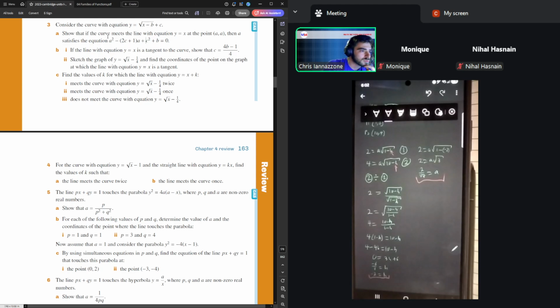We're trying to prove that if this curve, the square root curve, meets the line y equals x, so it touches it at some point, then A must be a solution to this. So in other words, whatever this comes out to be as having met that point, this needs to resolve as 0 on both sides. That's a tough question to start with.